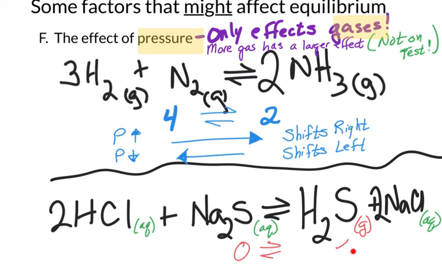If I increase the pressure, this reaction will go in the backwards direction, meaning that the reaction will shift to the left, making more reactants as I increase the pressure. Decreasing the pressure will allow us to make more of the H2S gas. Again, this is only important for reactions that have gases present. If there are no gases, there's no effect due to the pressure.